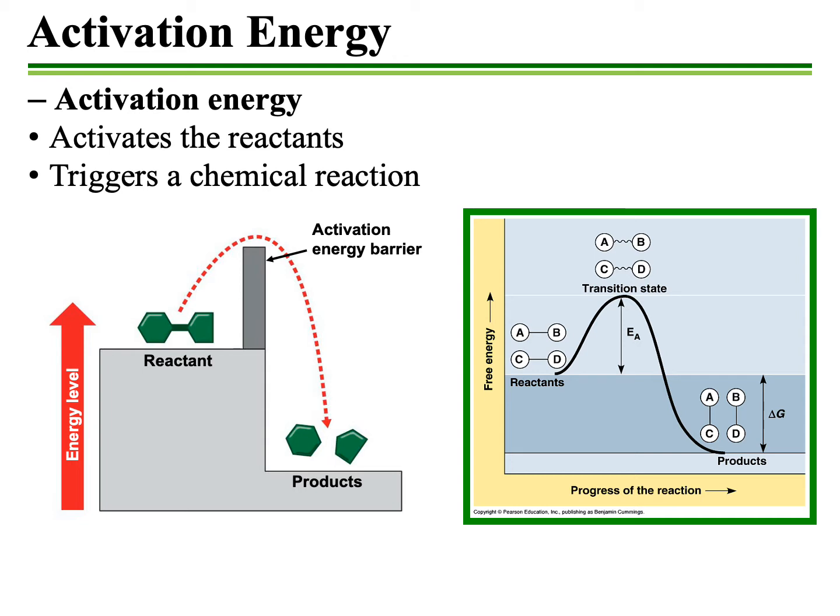So in this simple reaction, we have molecule AB and we have molecule CD, which are both reactants in this reaction. There's a certain amount of free energy associated with those two components. Then if you look at the far right of the figure, you can see the products of this reaction, which is now molecules CA and BD.